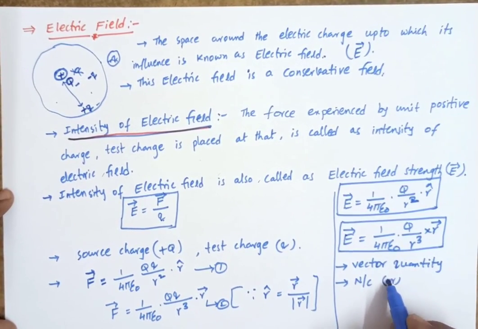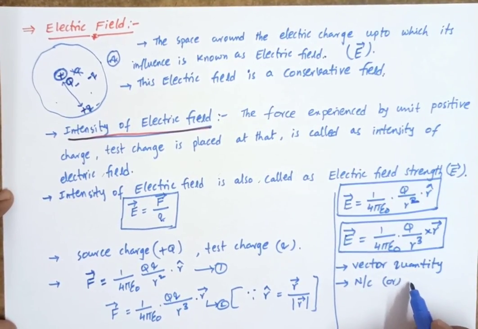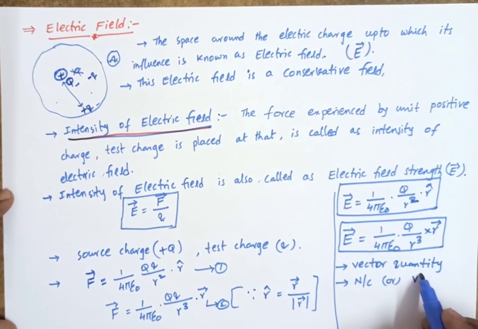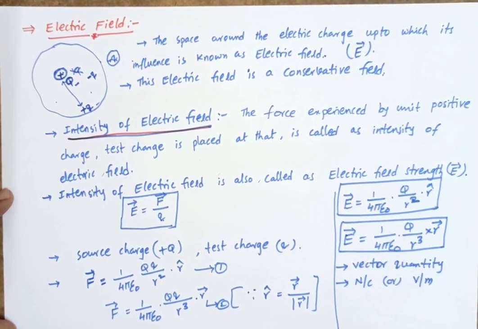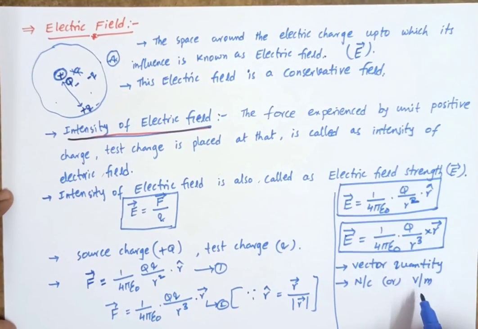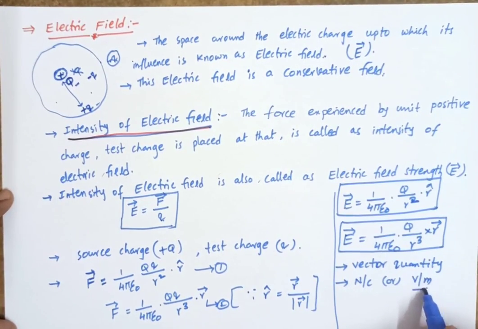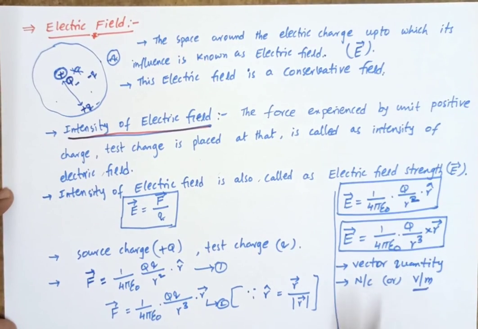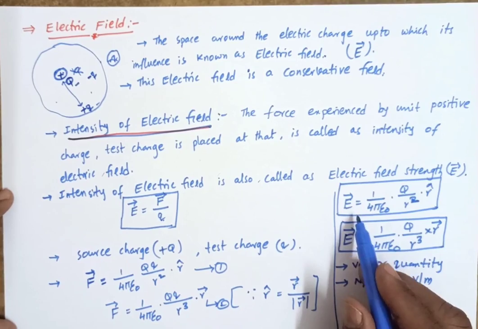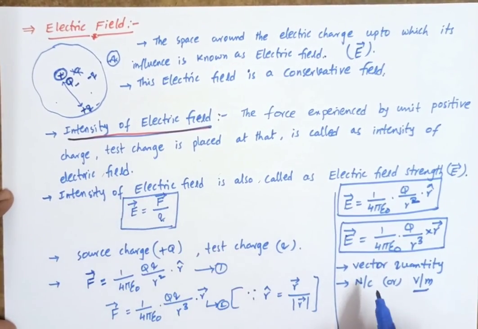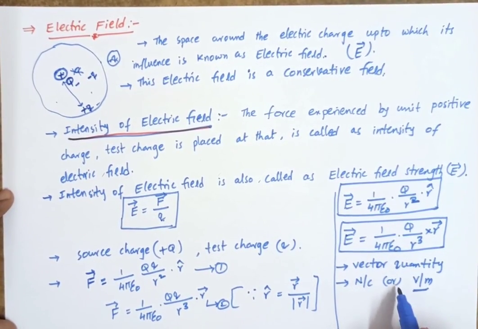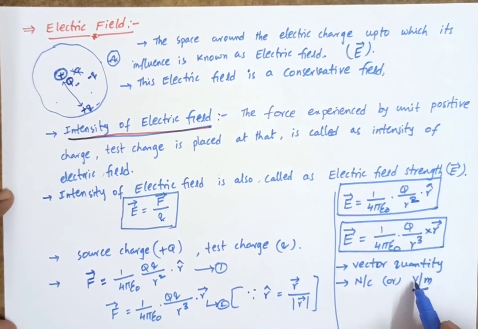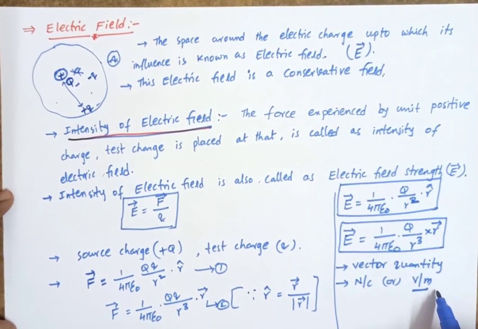The units are also taken as volts per meter, which we can discuss in the next chapter. So the SI units for electric field strength are Newton per coulomb, or volt per meter.